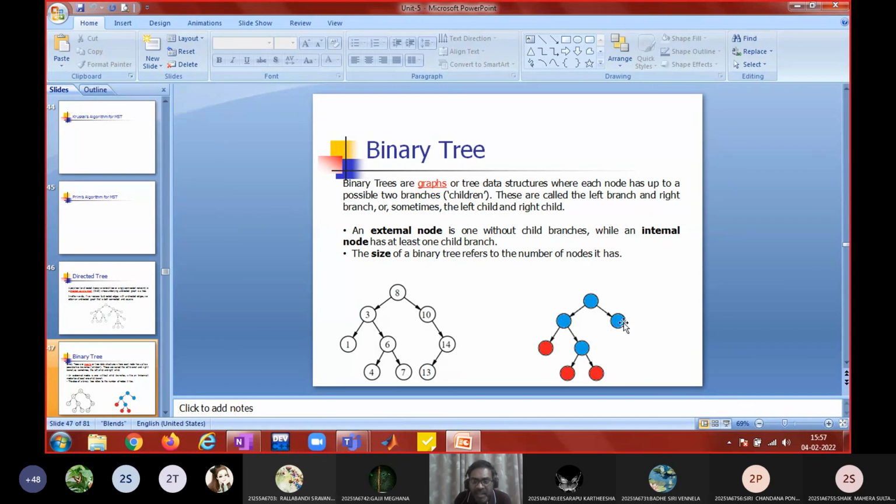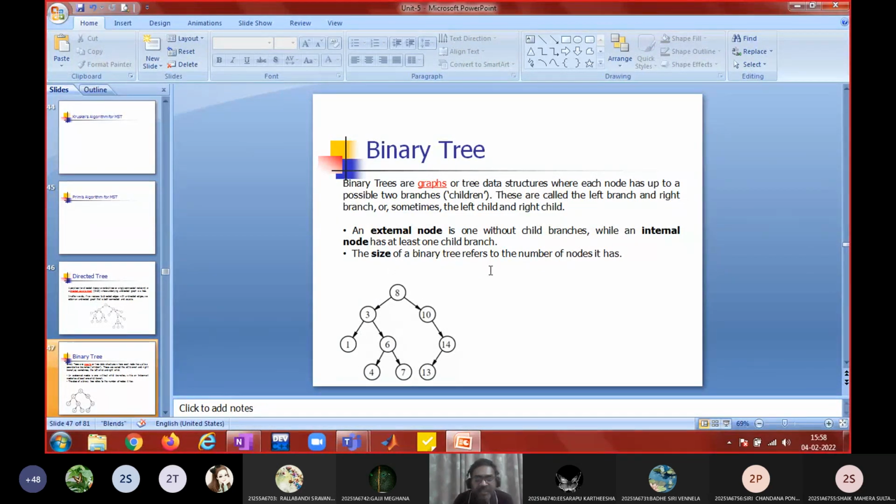No, this is also not having any child branch. Am I right? Yes, sir. So this also must be marked in red. So these 4 must be external nodes. And here 1, 4, 3, 7. These are all external nodes. Okay, so I'll delete this. These are all the external nodes.